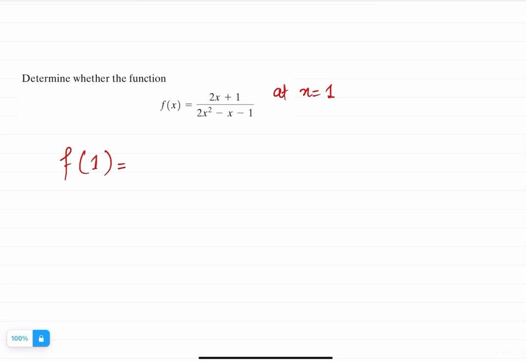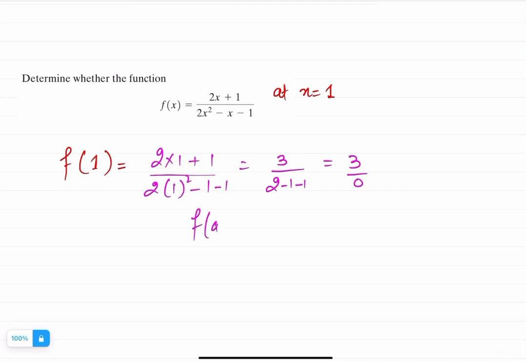So it will be 2 into 1 plus 1 divided by 2 times 1 squared minus 1 minus 1. Simplifying it, it will be 3 divided by 2 minus 1 minus 1. That is 3 divided by 0. We know anything divided by 0 is not defined. So the function is not getting any value corresponding to 1. So f(a) is not defined. Since it does not meet the first condition, we say the function is discontinuous.